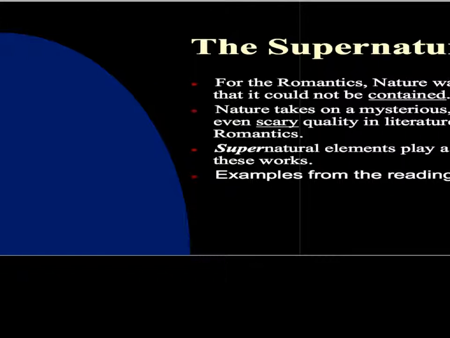When Victor, no spoiler here, creates this monster, nature reacts. Nature is not happy with him because he is violating the laws of nature. And if you think of nature as a god, nature is going to get angry, and he or she is going to make Victor pay for it.